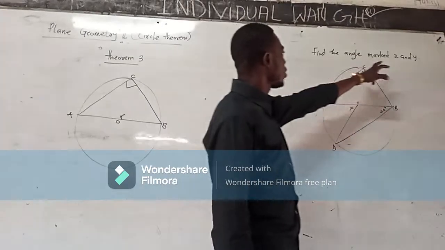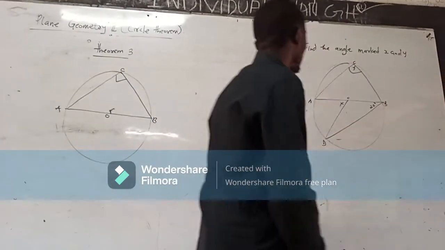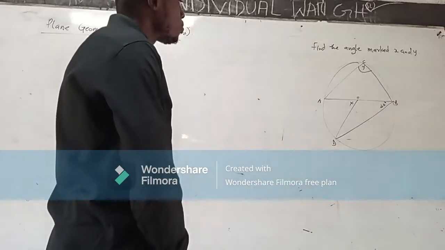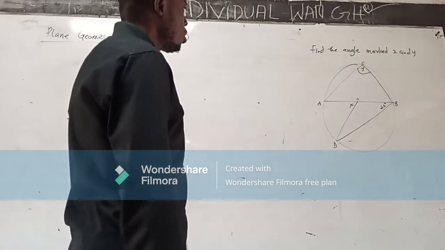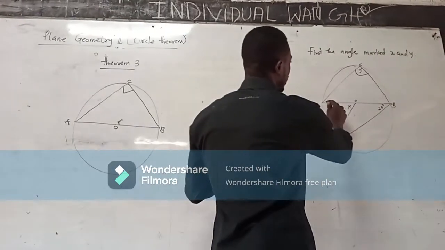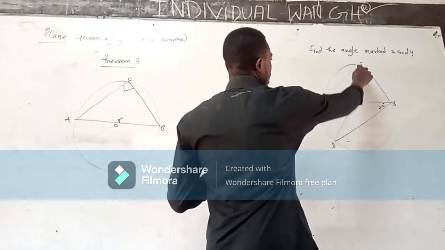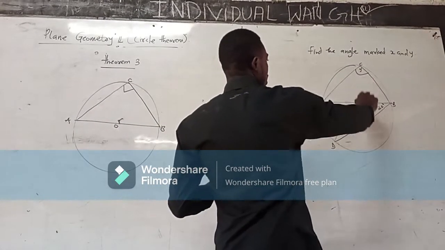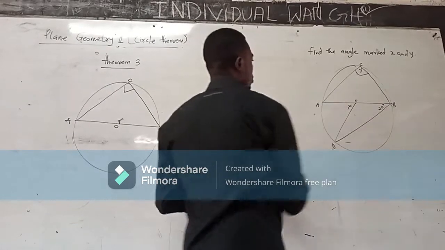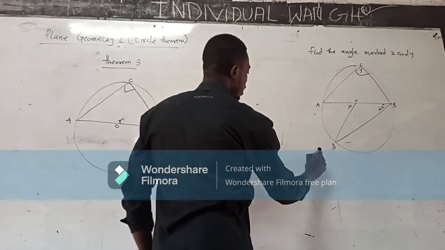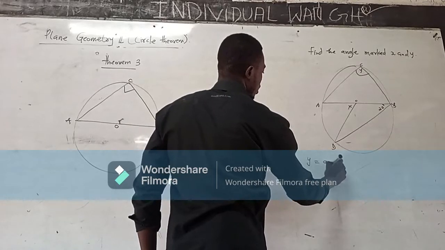It says find the angle marked X and Y. Automatically you will see that this one is shown. Once this one is the center, here is just opposite to the diameter. So it means that Y is equal to 90 degrees.